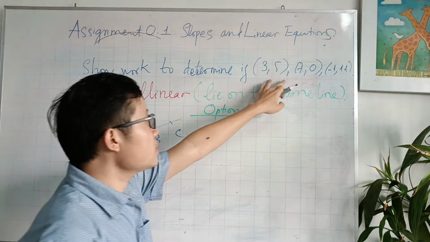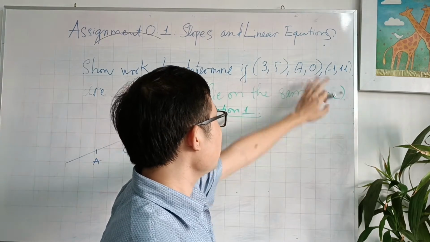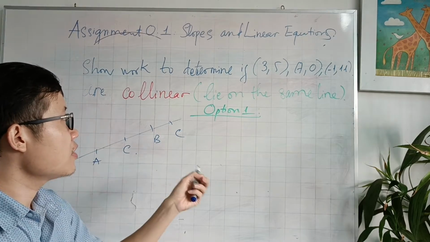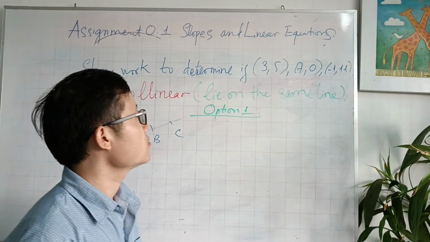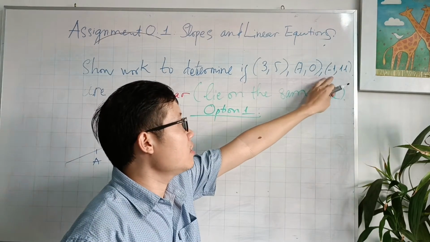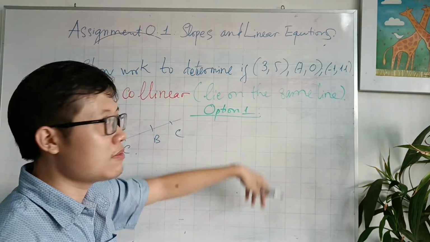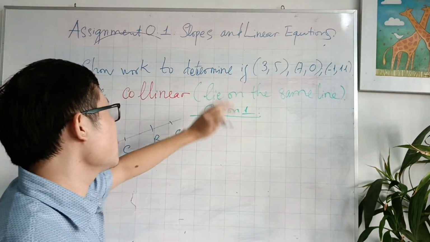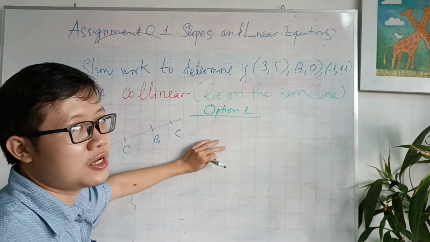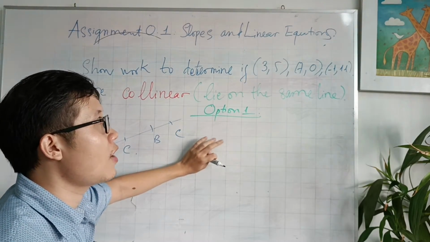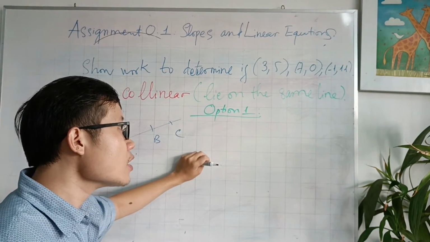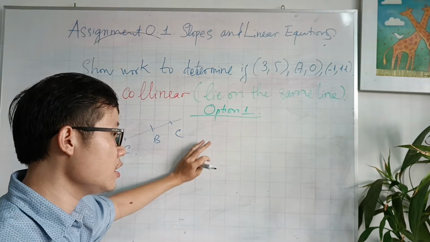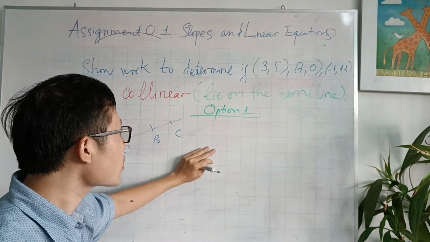You choose 2 points of the 3 points, and you write the linear equation through 2 points. And if the last one lies on the same line, when you substitute the coordinates of the last point into the linear equation you wrote before, it has the equality.